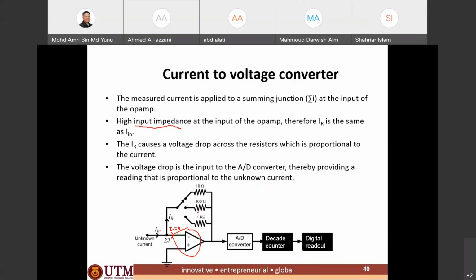Basically the magnitude of the converter, or the gain, will depend on the selection of the resistor value. For example, a magnitude of 10, 100 and 1000 can be done by selecting or changing the channel.